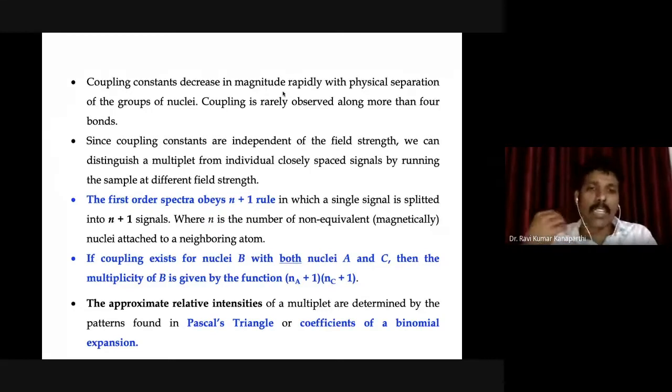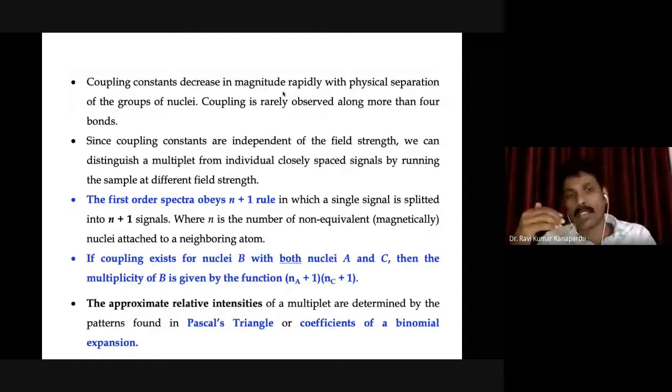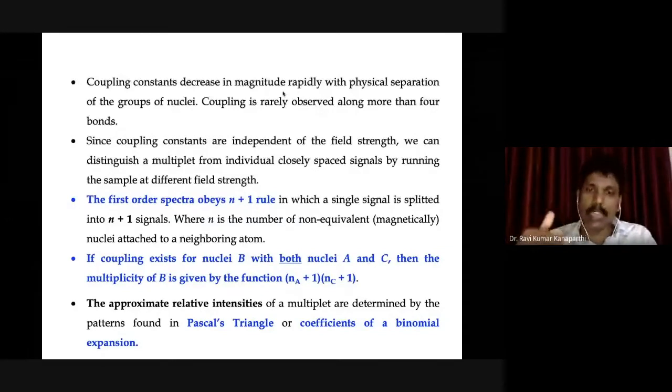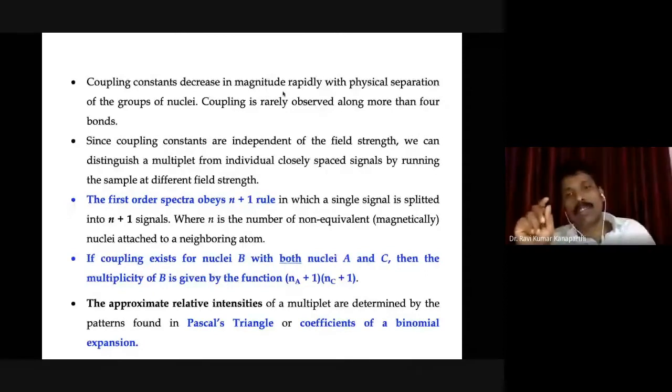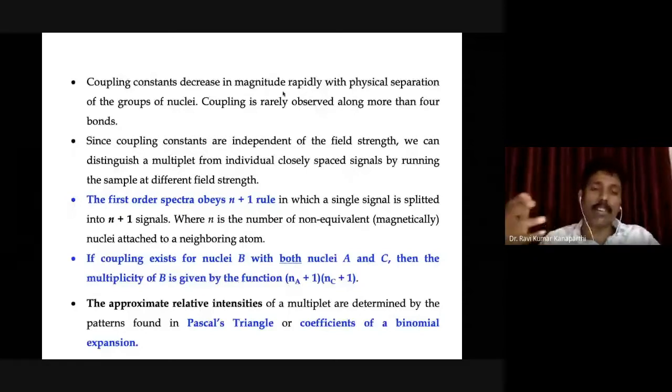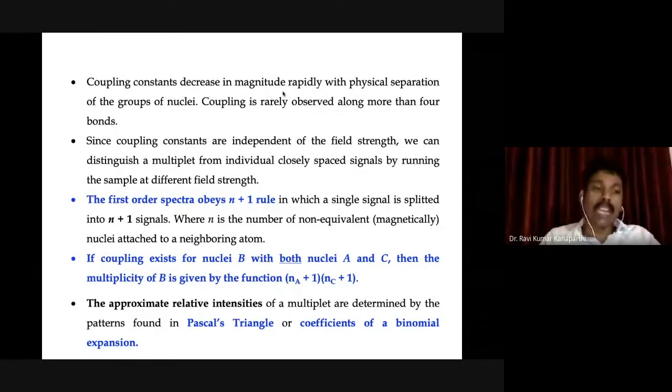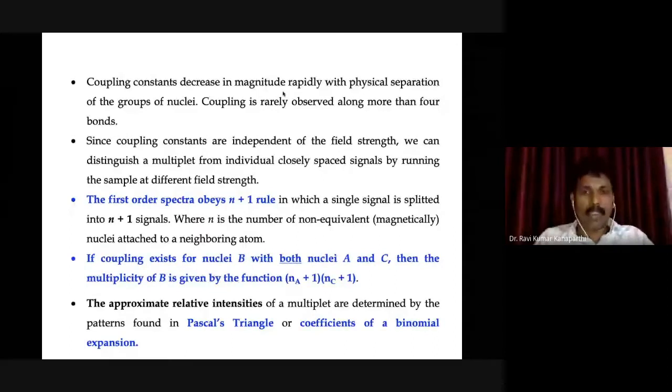In the case of first order spectra, the n+1 rule is obeyed. The n+1 rule that we have already discussed: from the spin-spin coupling concept, the individual NMR peaks are split into as many lines as possible, depending upon the number of adjacent magnetically active nuclei on the adjacent atoms.